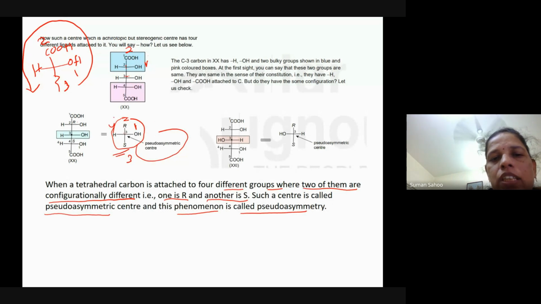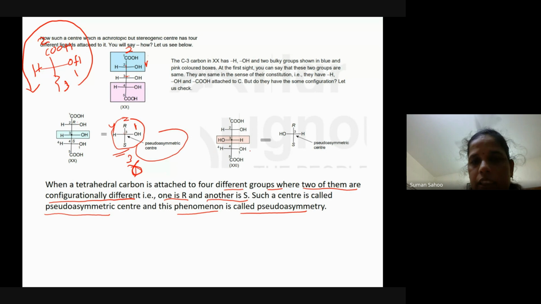As it is going anticlockwise and hydrogen is on the horizontal side, this one has to be R. In this case, as it is a meso compound, you have to give the small r, not capital R. And in the other enantiomer, suppose the starting material, this one is R, this one is S, but OH is on this side, 1, 2, 3. So it was going clockwise, but hydrogen is on the horizontal bond. So it has to be S, a small s.